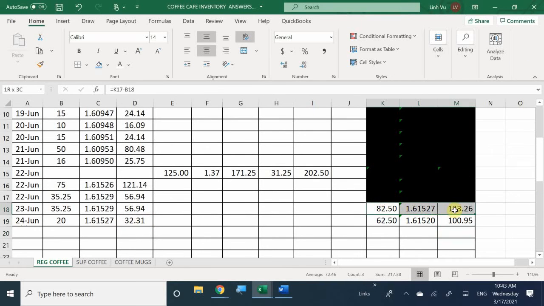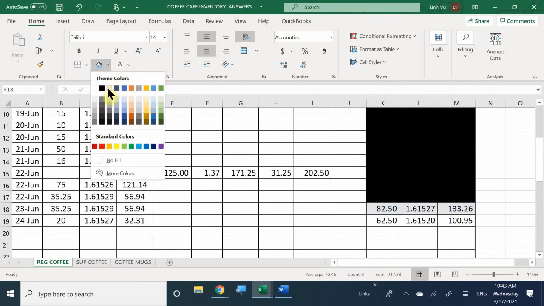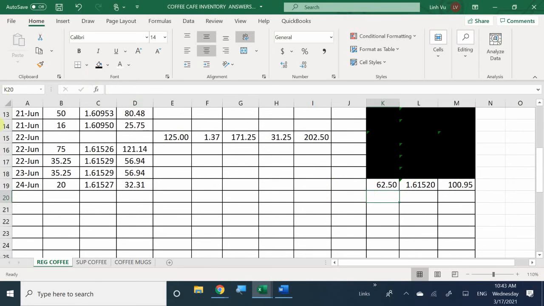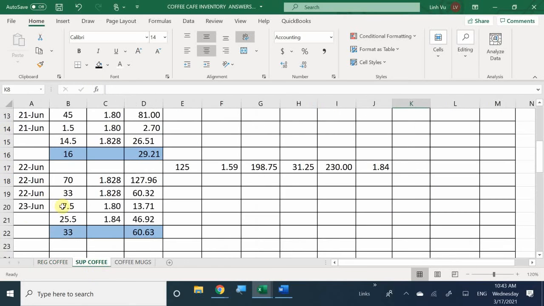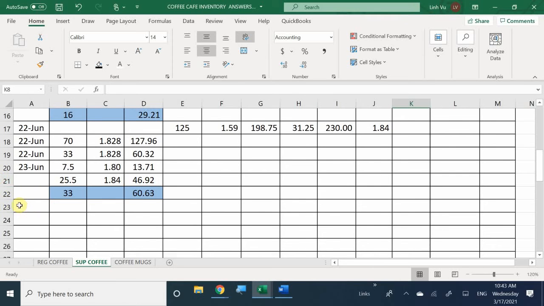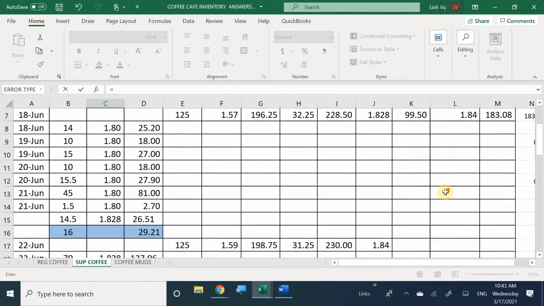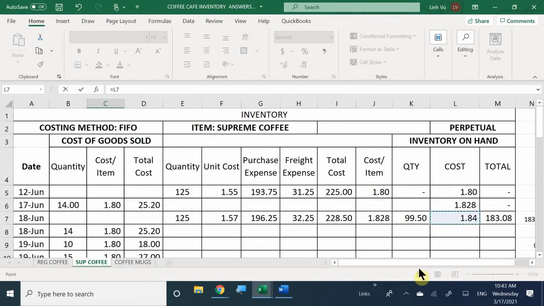Okay, so I'm gonna black this out once again. And then Supreme Coffee, we sold how many pounds? 15. Okay, and we sold it at 1.84, the only batch that we have left.